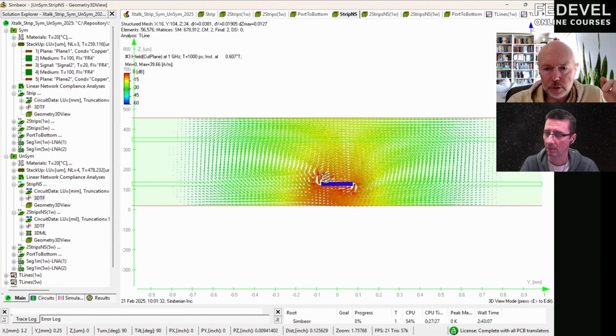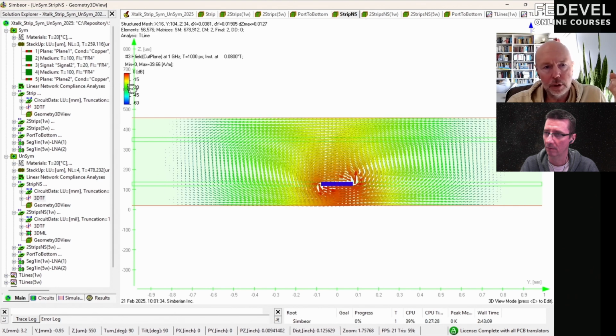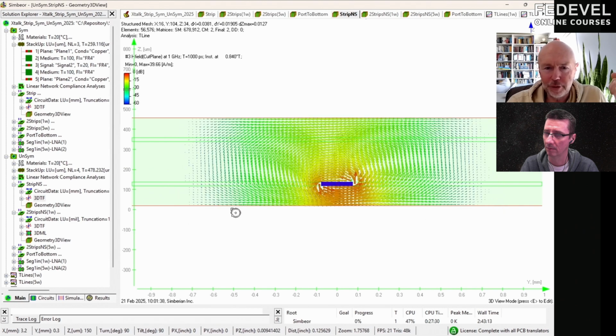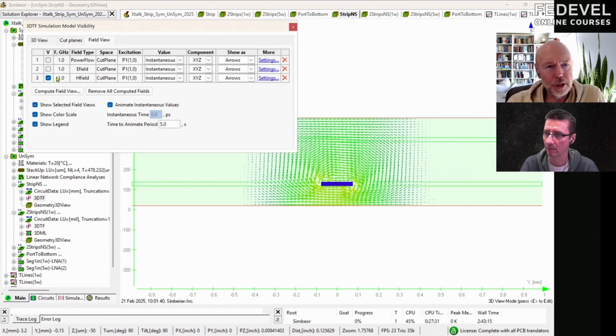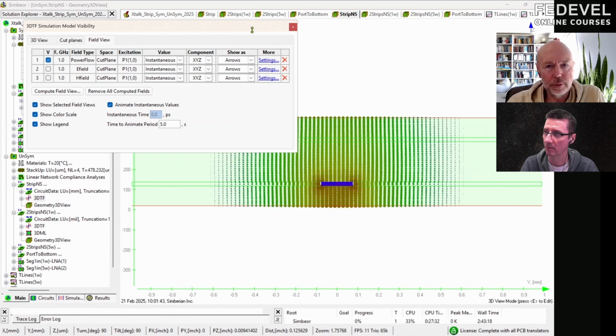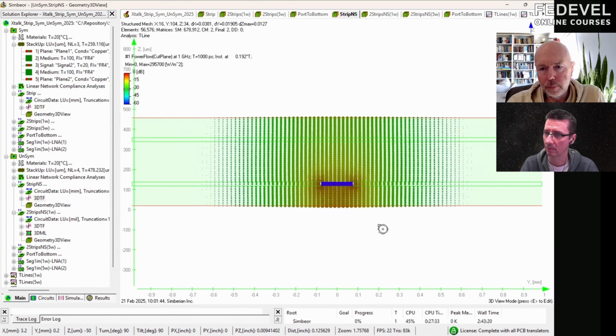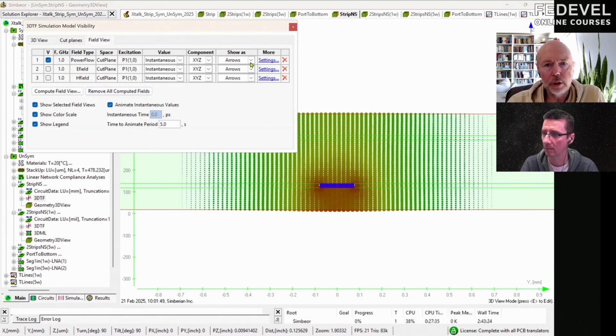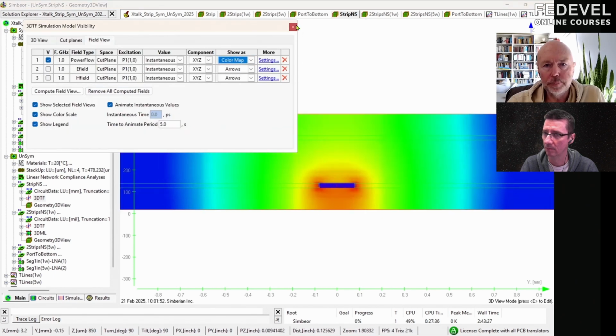But in magnetic field, it's less visible, and we normalize it to a smaller value, and then we see further here. And the actual measure of where the signal is is the power flow density. And right here we can switch to color map.